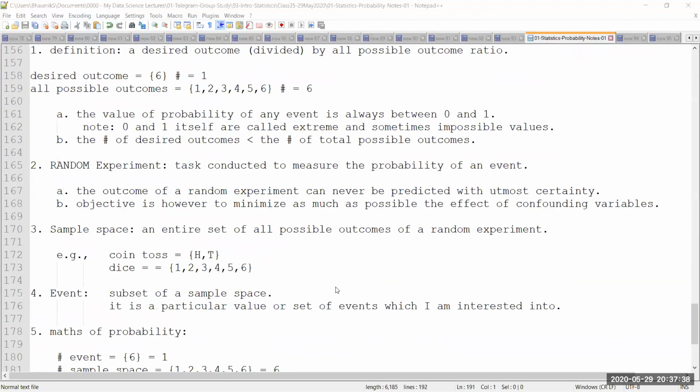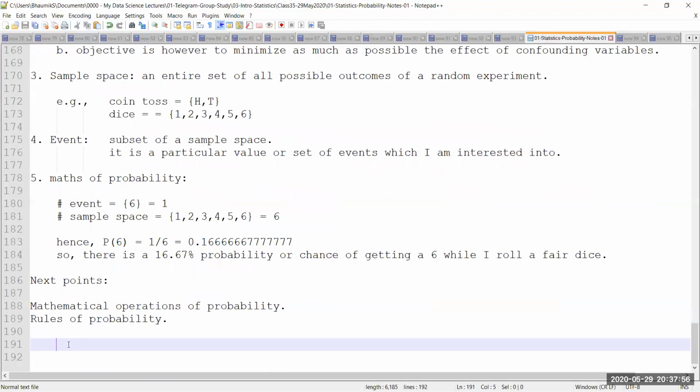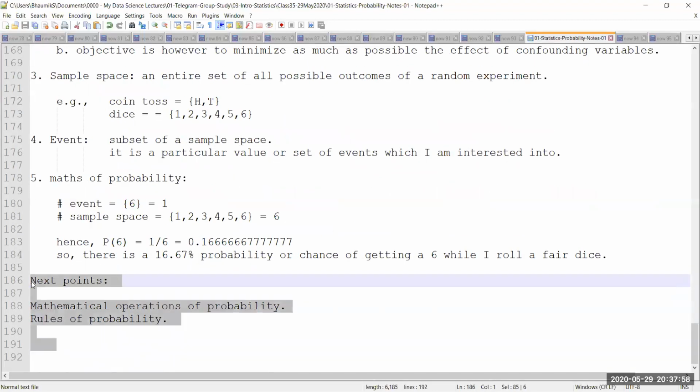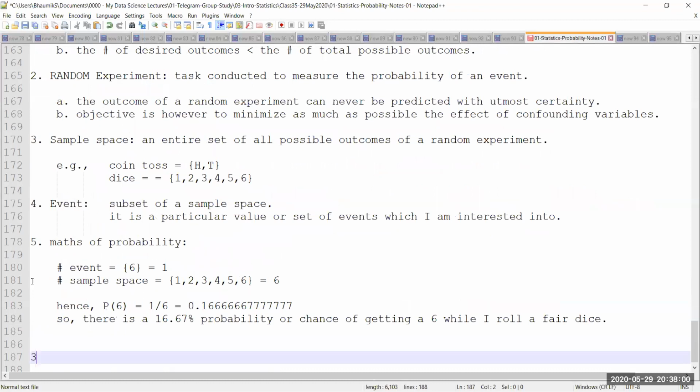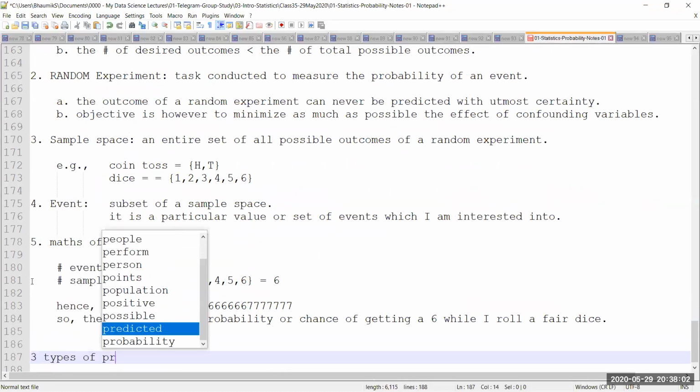This is what we have already looked into earlier, and that needs to be clarified first before we move ahead. So first of all, we'll look into 3 types of probability that we have.